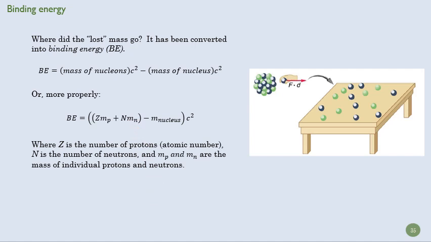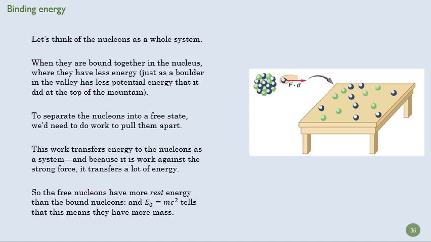So how do we think about that binding energy? It's a strange and a hard thing to get our heads around. So let me give you one metaphor. So if we think about that binding energy as a kind of release of potential energy, that might help us. So when our nucleon is far from the nucleus, it has a positive potential energy. Just like a boulder has a positive potential energy when we move it to the top of the mountain.